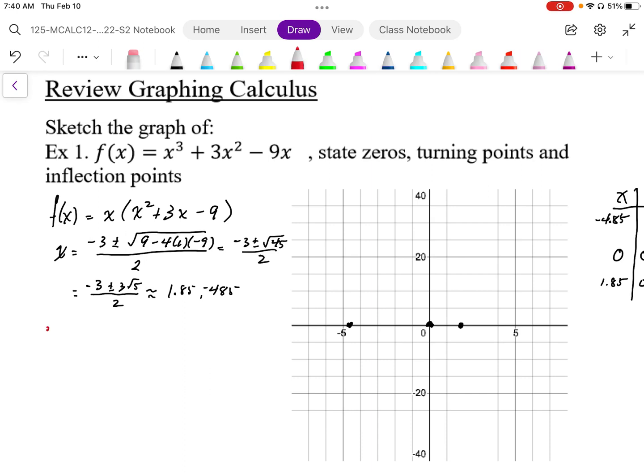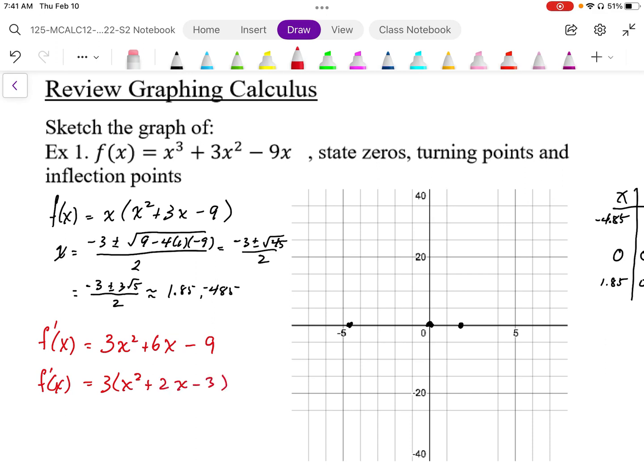So I want to use the derivative. So I'm going to differentiate the original function. So I use the power rule, 3x squared plus, sorry, that's going to be 6x, minus 9. I'm going to factor out the greatest common factor before I solve this quadratic.